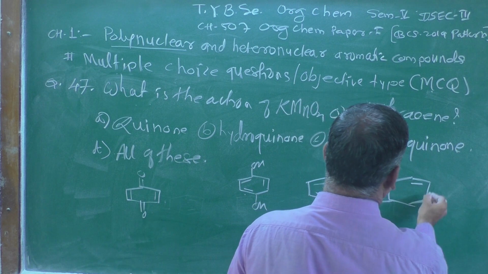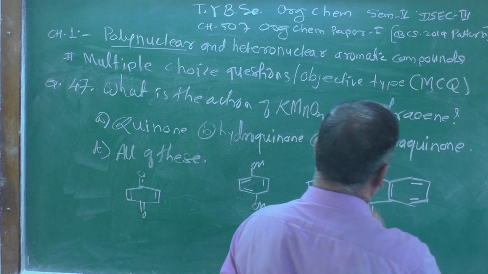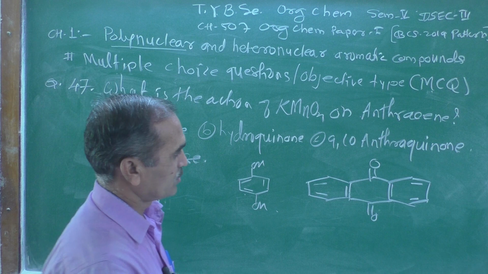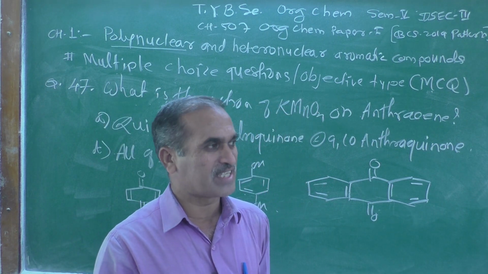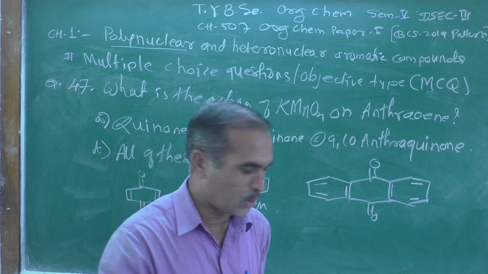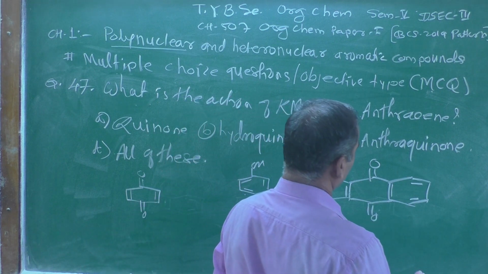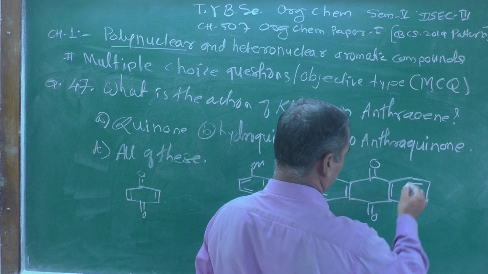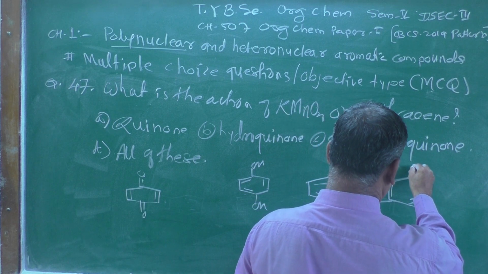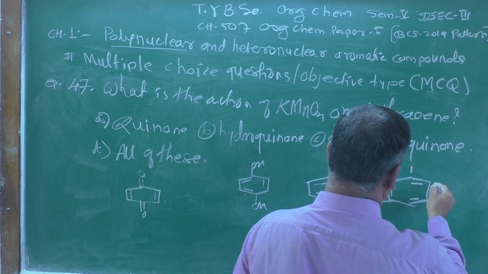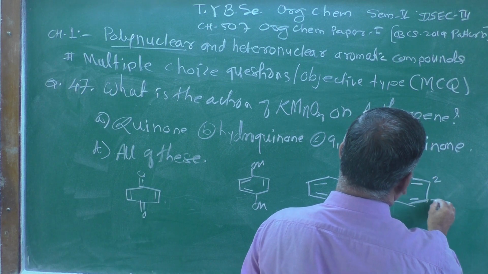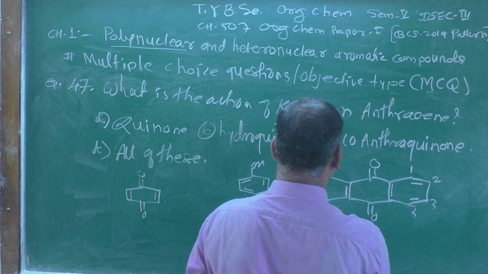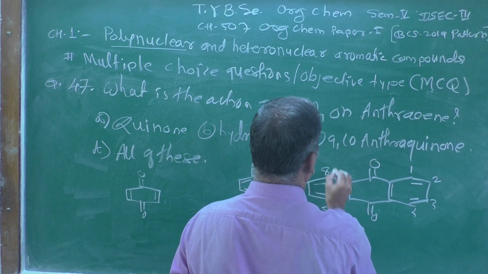Do you remember the numbering system in anthracene? You can start from here, the usual way of numbering. On this side 1, 2, 3, 4, then 5, 6, 7, 8.